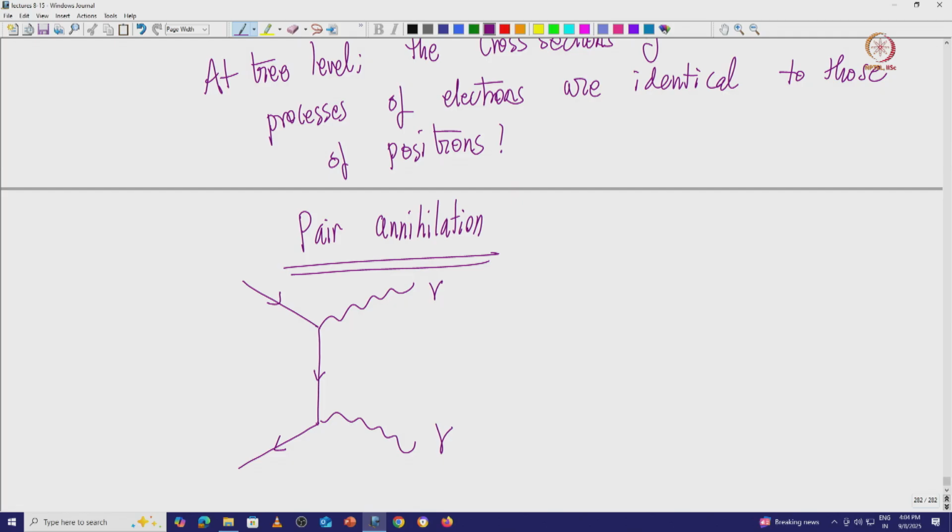So this is the annihilation diagram. This is P1, P2 coming in, and this exchanges a momentum Q and gives you photons P3, P4.